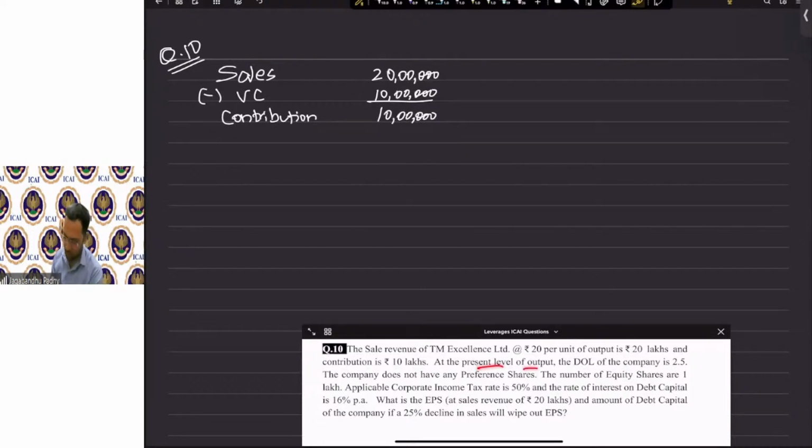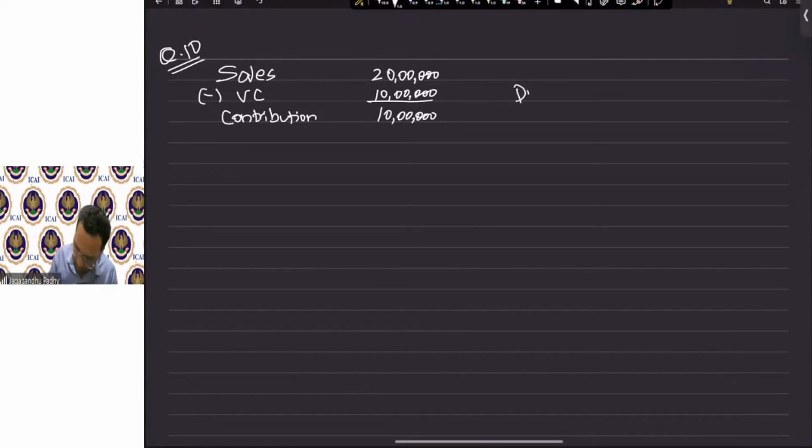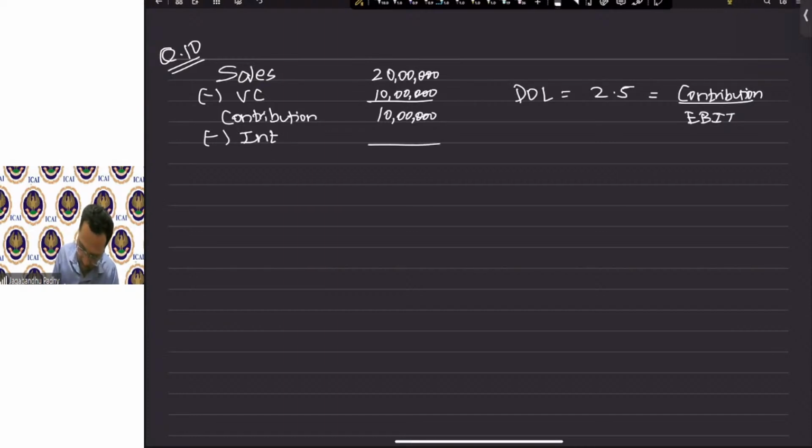At present level of output, degree of operating leverage of company is 2.5. Degree of operating leverage is computed as contribution on EBIT. The fixed cost will give us EBIT.